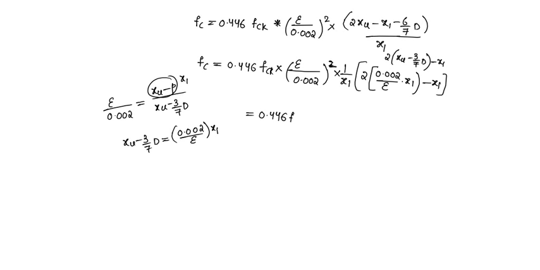That is equal to 0.446 fck into epsilon by 0.002 whole square into 1 by x1. In the numerator x1 can be taken as common, x1 gets cancelled, then this will be 2 times of 0.002 by epsilon minus 1.